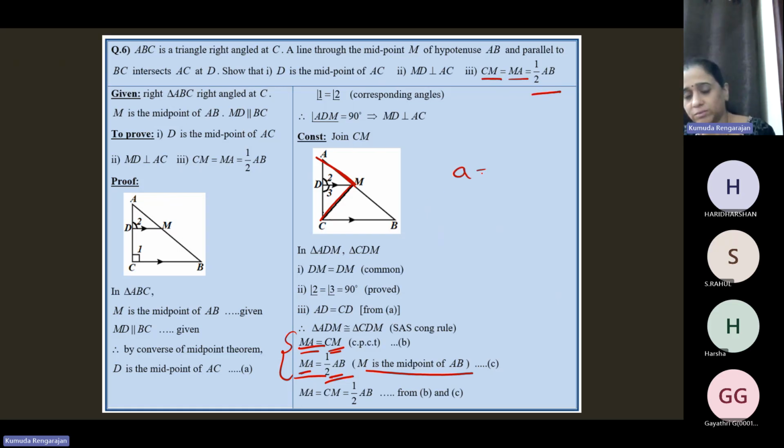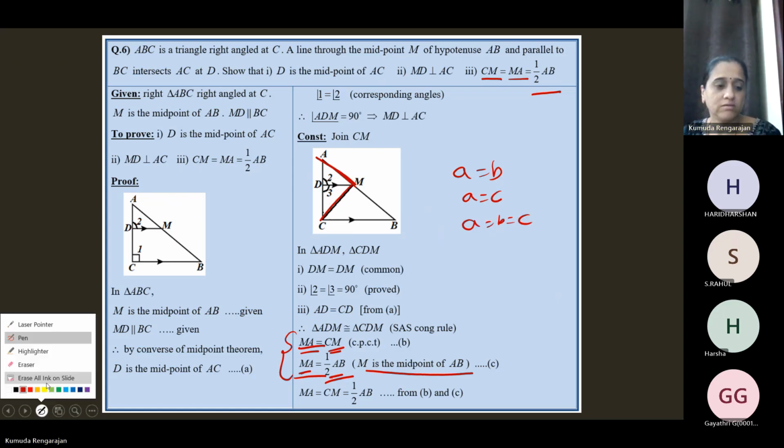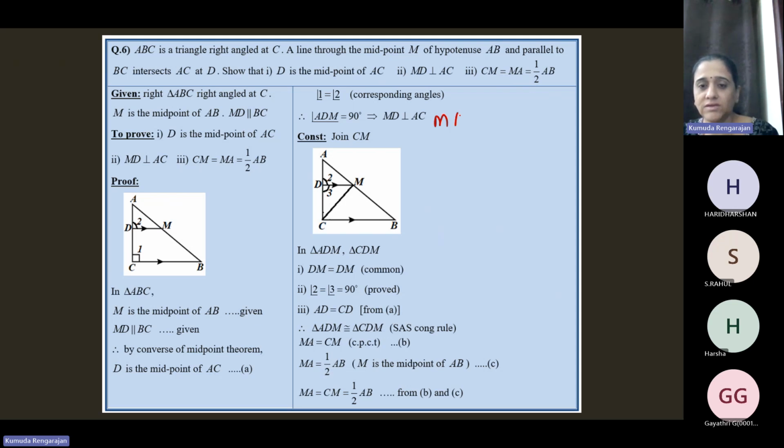It's like A is equal to B and A is also equal to C, so A is equal to B is equal to C. This MA is equal to CM by CPCT, and MA is equal to half AB because M is the midpoint of AB. So this is equal to this by CPCT, and this is equal to this because the midpoint is given. So that means all the three are equal.